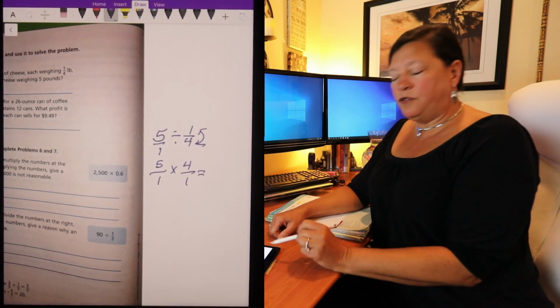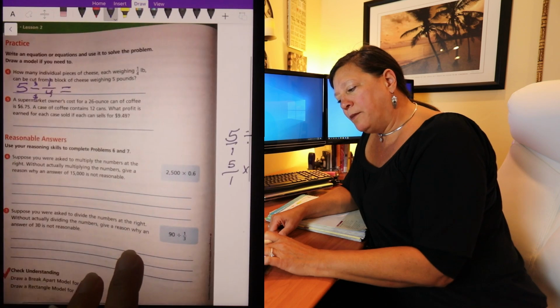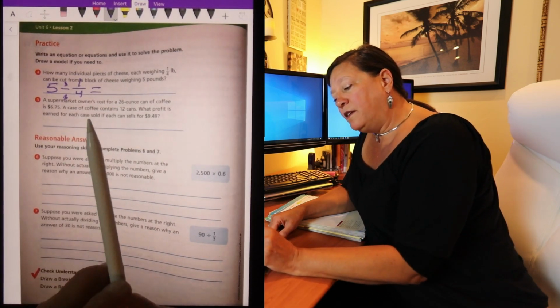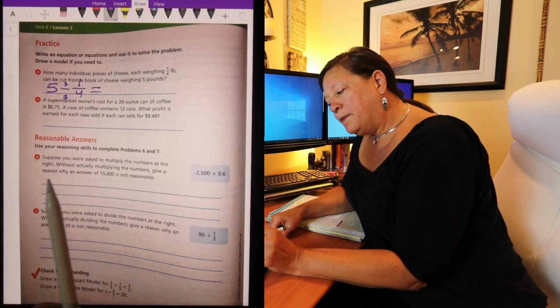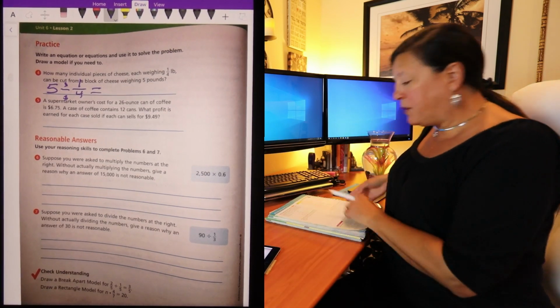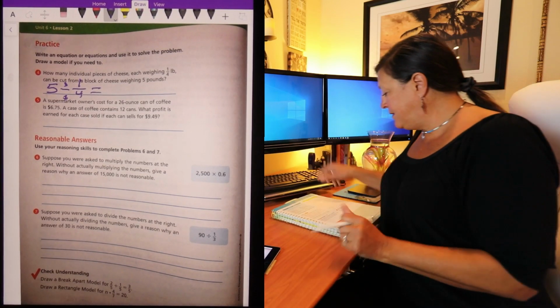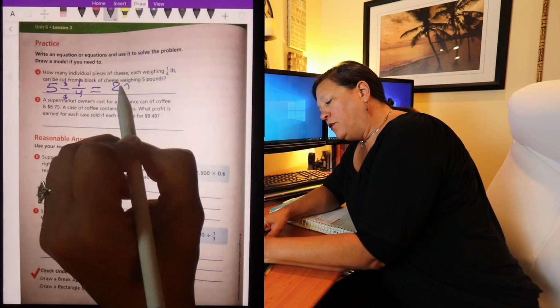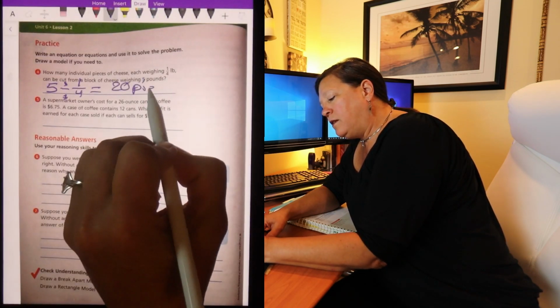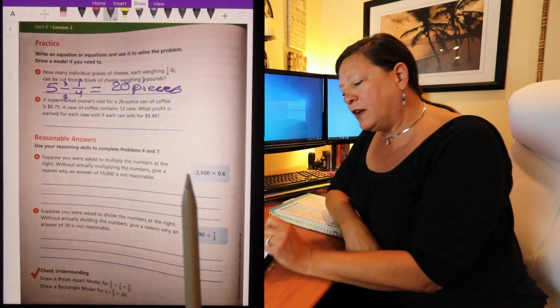Then you do your math from there. So, a little reminder of how we divide fractions. When you solve that problem, you're going to get 20 pieces. So make sure you do the math, and there's the answer you should get.